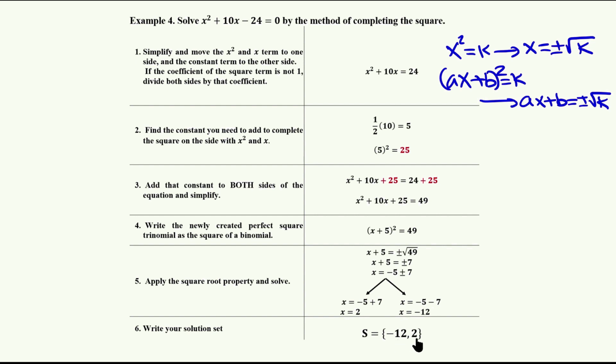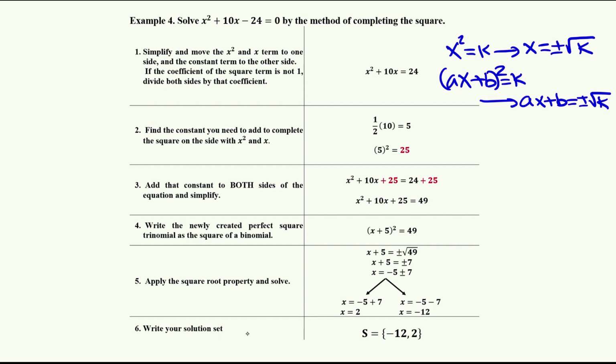Of course, when this happens, this tells you that this problem could have been solved by factoring, but we wanted to demonstrate the method of completing the square here. Usually when these end up being irrational or complex, then that's when the method of completing the square would have been absolutely necessary.